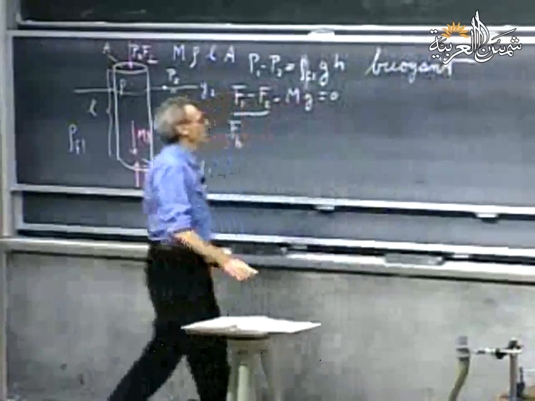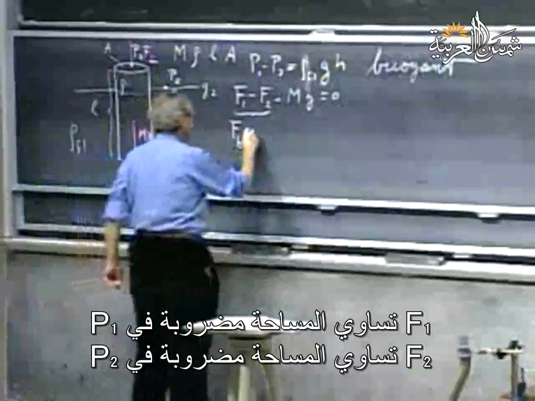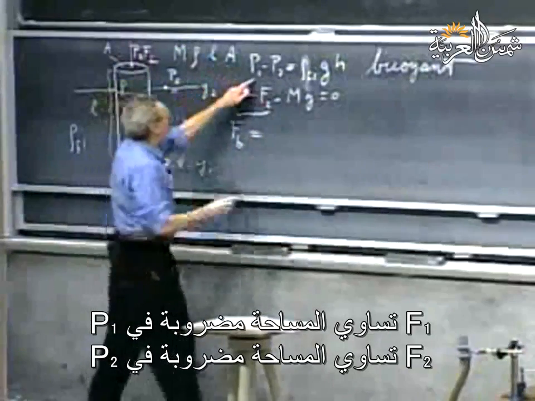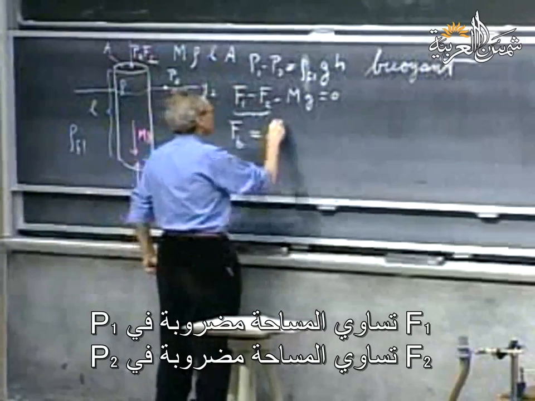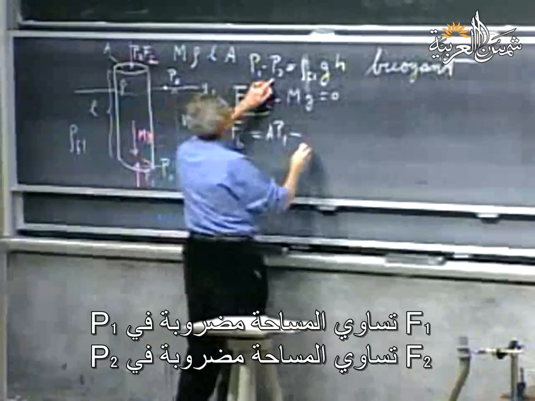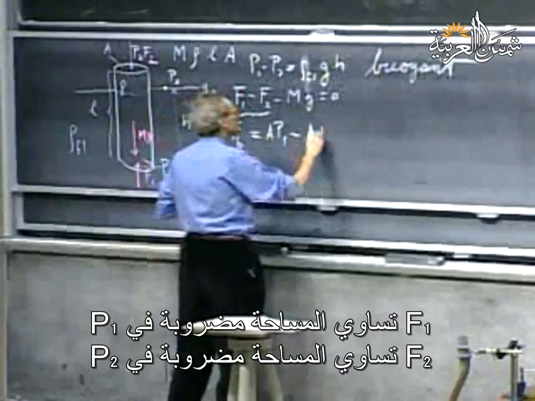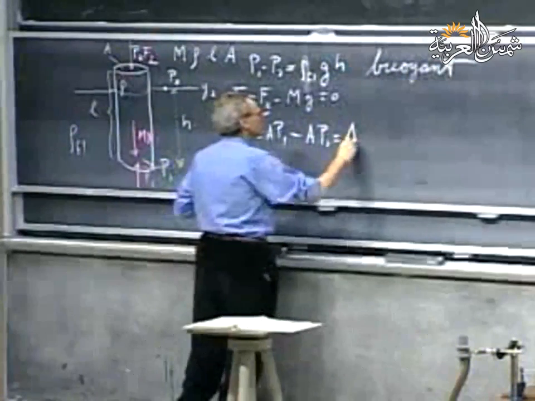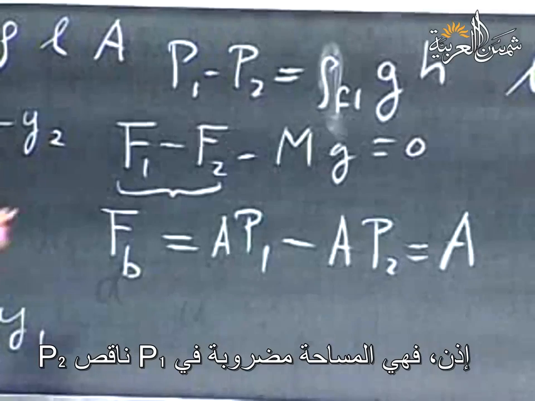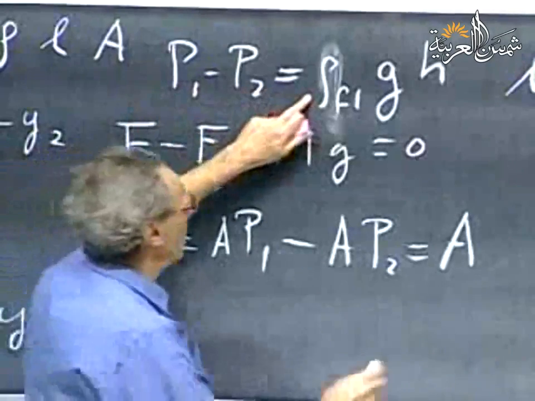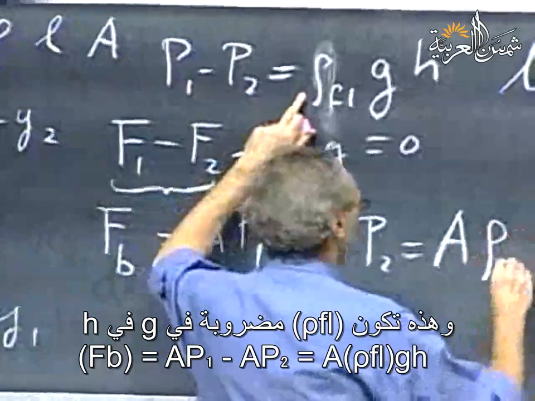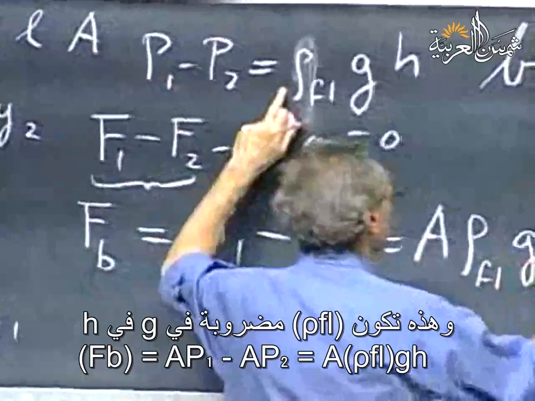Always have to think about that. It's the buoyant force. F1 equals the area times P1, and F2 is the area times P2. So it is the area times P1 minus P2, and that is ρ fluid times G times H.